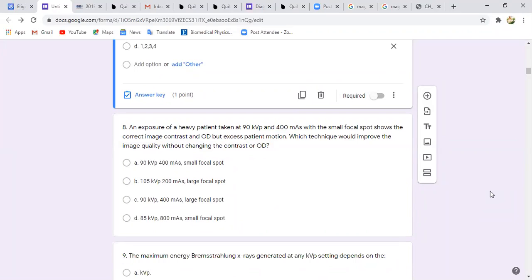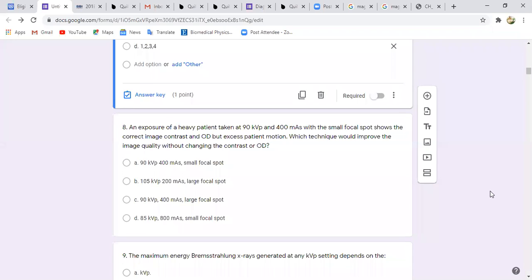You are looking at motion and sharpness.